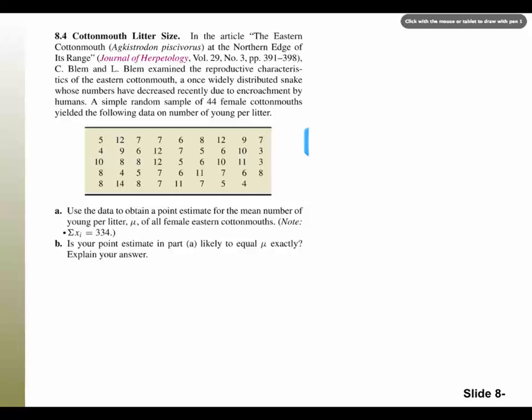The first thing they give us is the sum of all of the data values, a nice hint. If you sum up all the data values, you get 334. And how many were there? n equals 44.